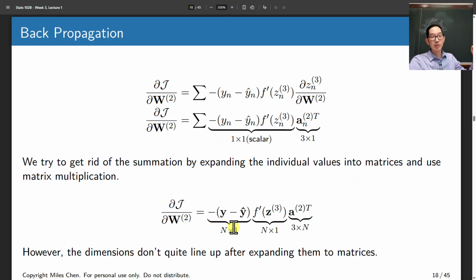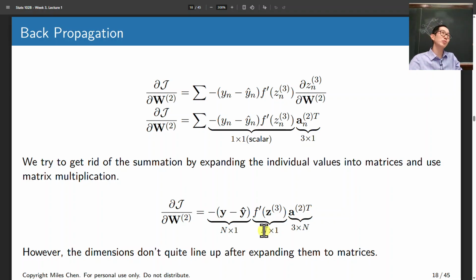I want to take all n values in this vector and multiply the first one with the first one, the second one with the second one, and the third one with the third one. So I'm going to want to do element-wise multiplication between this vector and this vector. Does that kind of make sense?